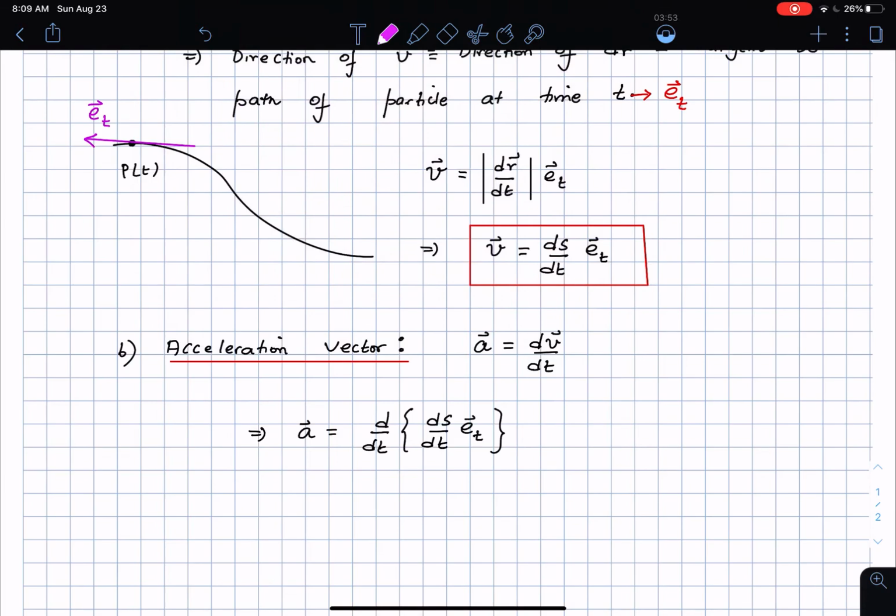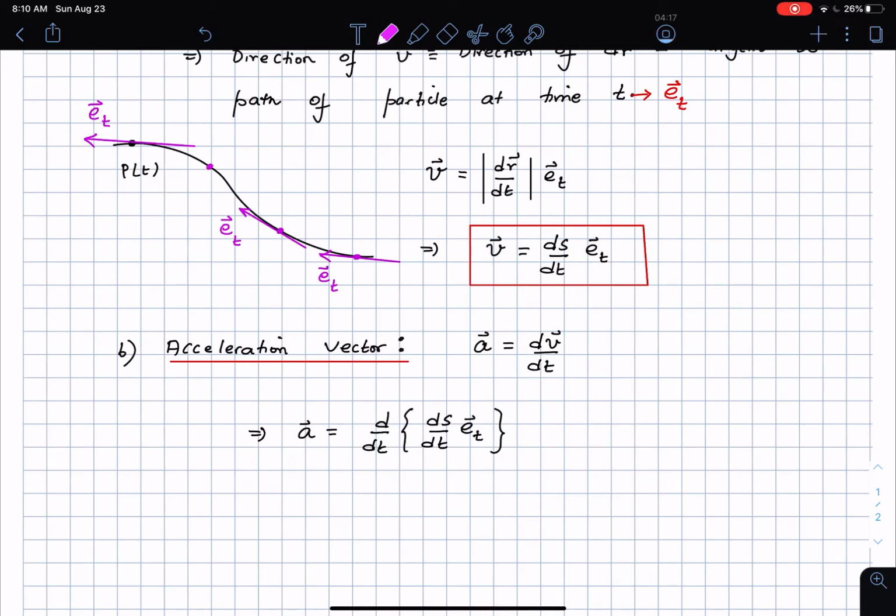Because you see, go back to my path here. If I look at this point here, the direction of the unit vector is going to be in the following manner. If I look at the point here, the direction of the unit vector is going to be in the following manner, and these are all the directions of e of t at different points in time. And so the direction of e of t keeps changing over time.